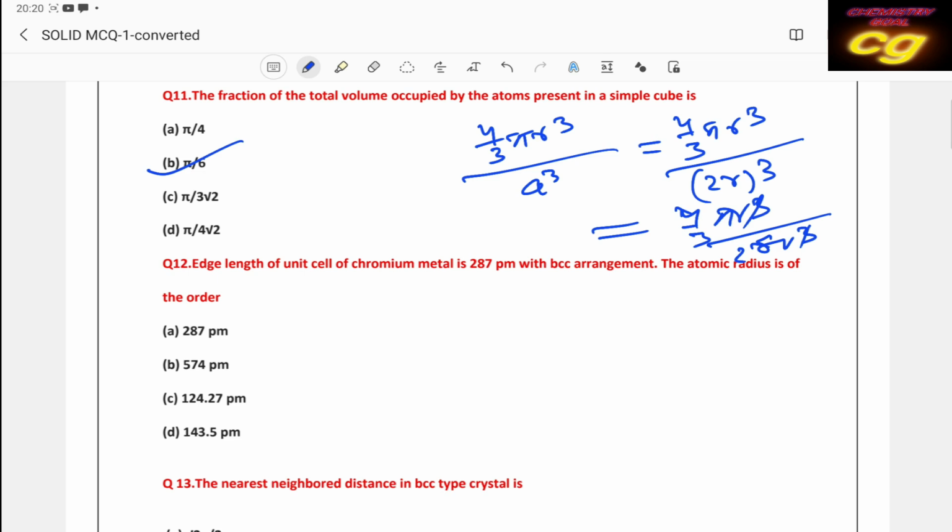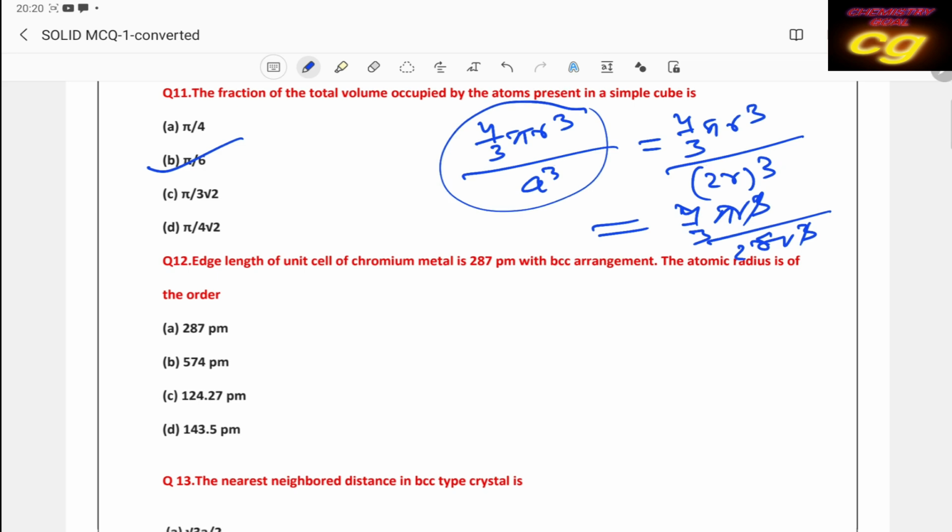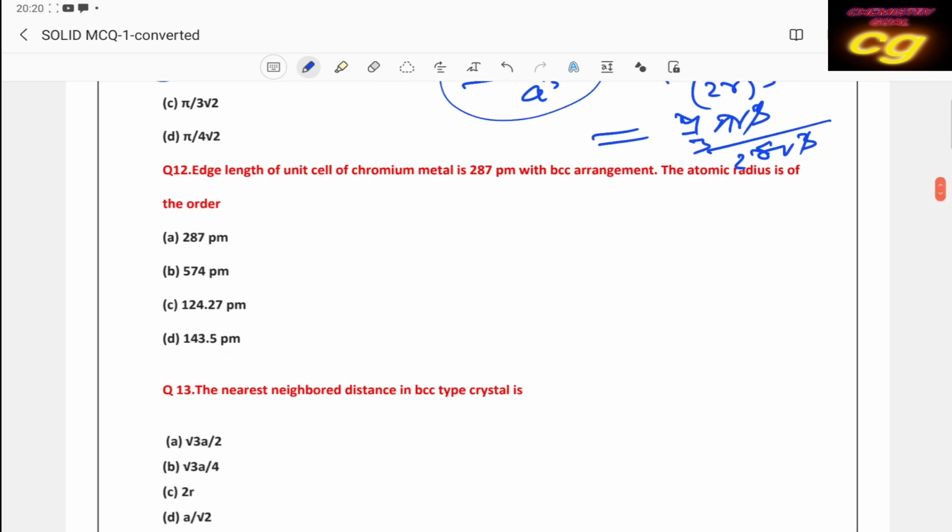Okay, then this is the formula: ratio of volume of the atoms to the total volume of the cube. Edge length of unit cell of chromium metal is 287 picometer with BCC arrangement. The atomic radius is asked. We know the formula, as the edge length of unit cell is given.